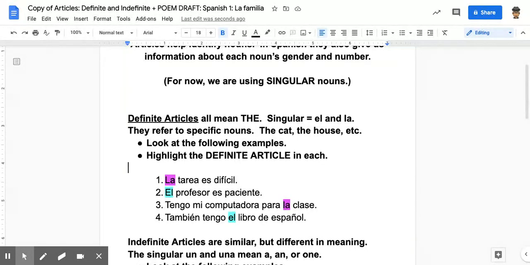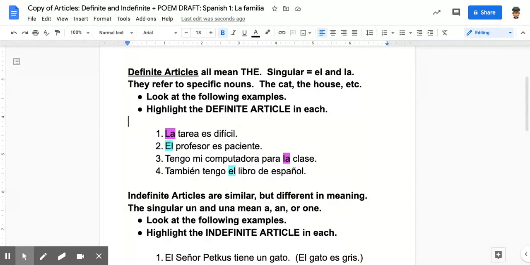Me. Tengo mi computadora para la clase. What class? Whatever class you're in. This class, la clase de español. También tengo el libro de español. You're not bringing some random book to Spanish class. You would have the Spanish book. So these are definite articles. They all mean the homework, the teacher, the class, the book, and they refer to specific nouns.